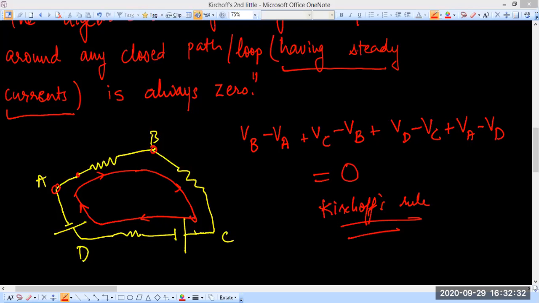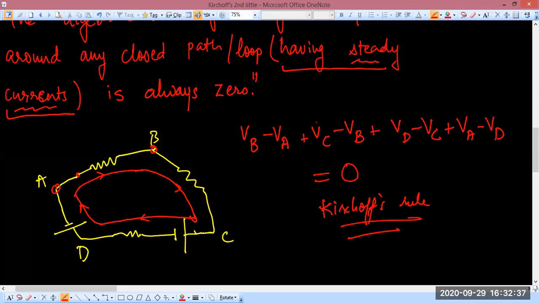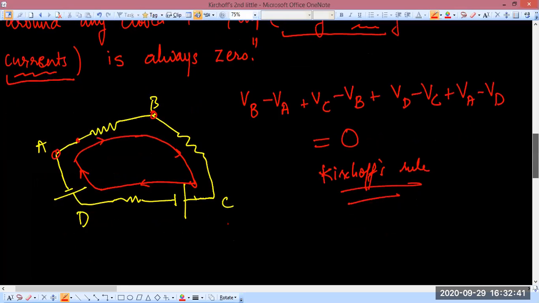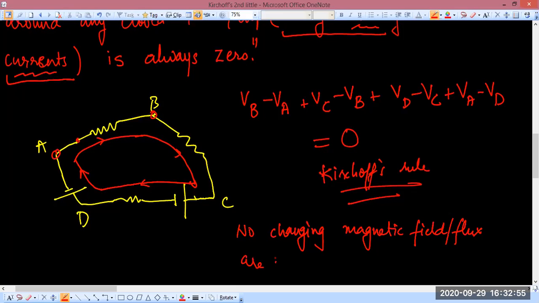That is what happens whenever there are steady currents and no changing magnetic flux or no changing magnetic fields or fluxes are involved. Okay, what is all this? Something came up a little in 10th, if you remember, where you keep a magnet, place a wire, and connect a bulb.